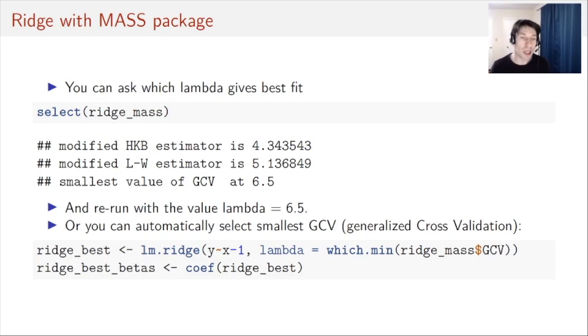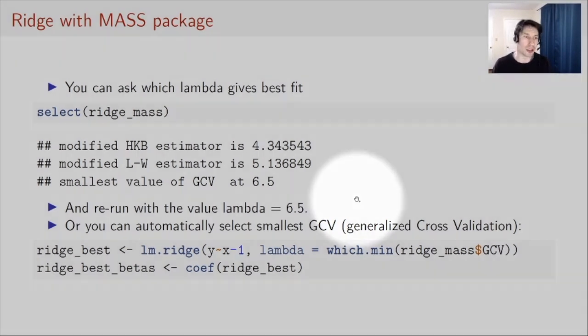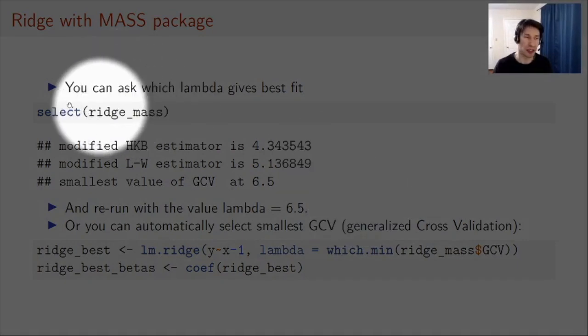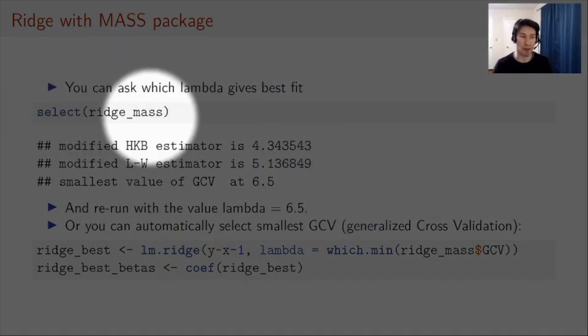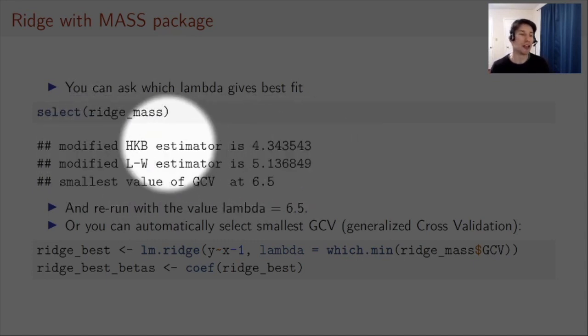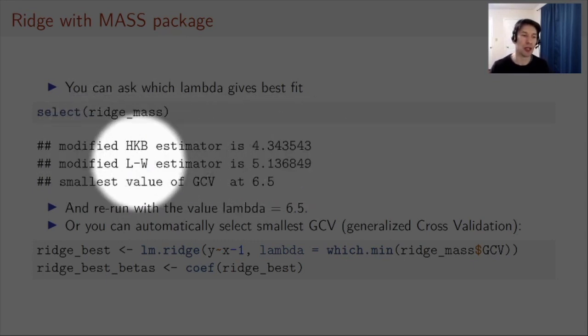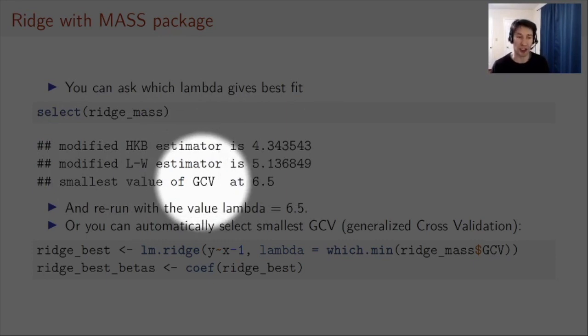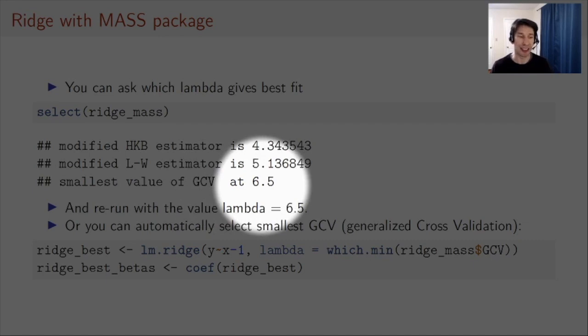And so how are you actually going to choose the best lambda here? Well, you're going to take the one that gives you the best fit. So there's another post-estimation command with this called select ridge mass, and this gives you some criteria that you can try. The HKB estimator, the LW estimator. We're going to look at the GCV, which is the generalized cross-validation measure. It's 6.5.